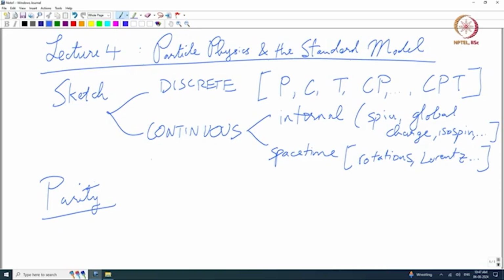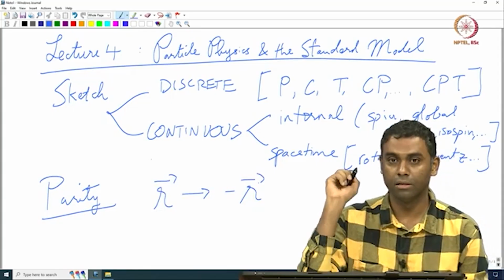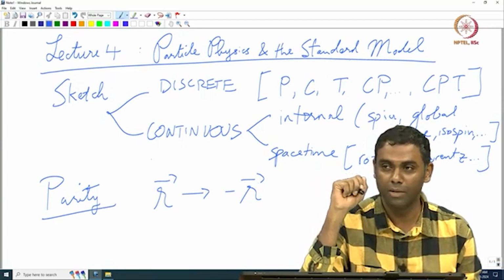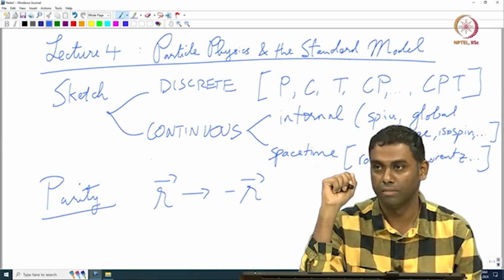So I am sure you all know what parity is, right. Simply put, the operation of parity is mirror reflection, right. But more precisely, what we mean by parity is inversion around the origin, right. It's not a plane mirror that we are talking about particularly. Okay.